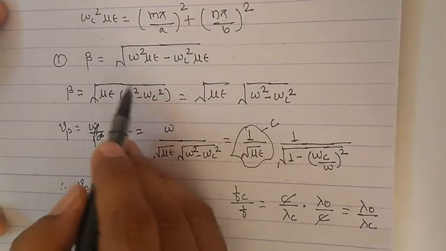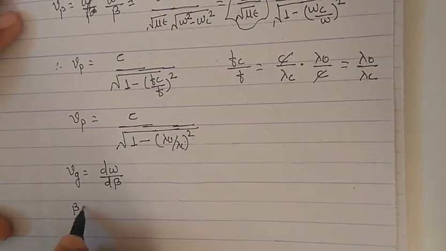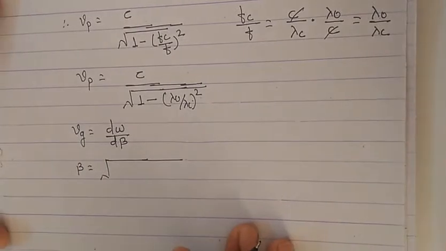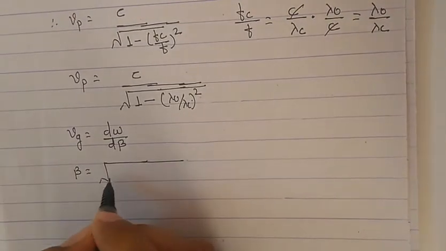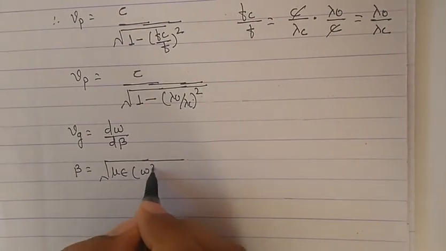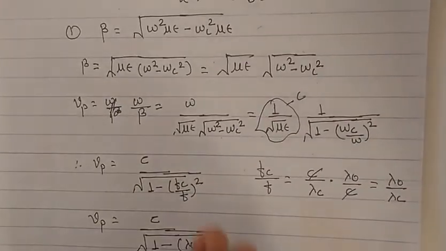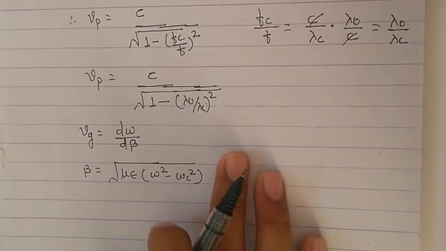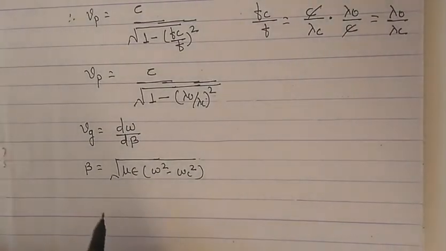Beta is equal to under root of mu epsilon in bracket omega square minus omega c square. Now differentiating this beta with respect to omega.